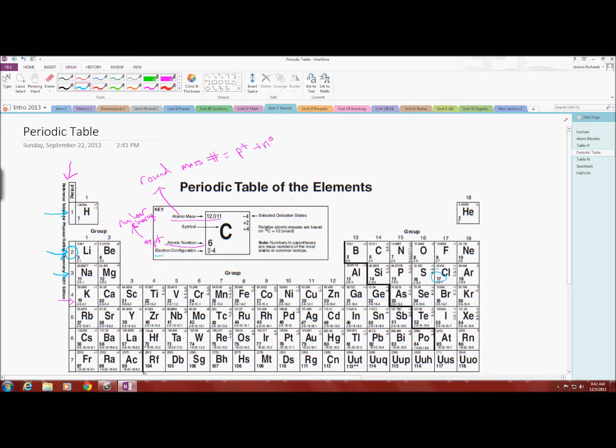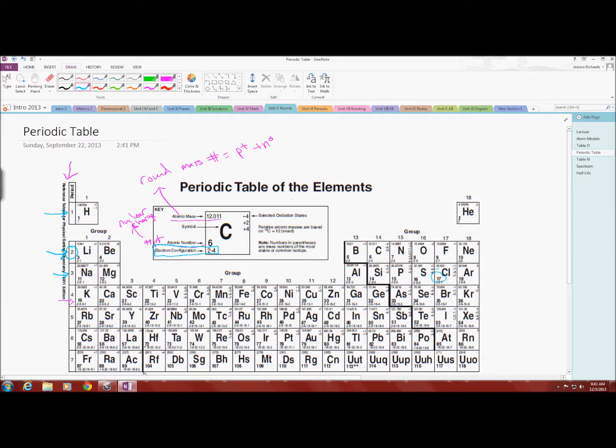Okay, look at their electron configurations. So down here, underneath the atomic number, they tell you the electron configuration. Hydrogen's is just one number. Helium's is only 2. They have one principal energy level, one number. Lithium has 2 numbers, 2-1. Beryllium, 2-2. Boron, 2-3.